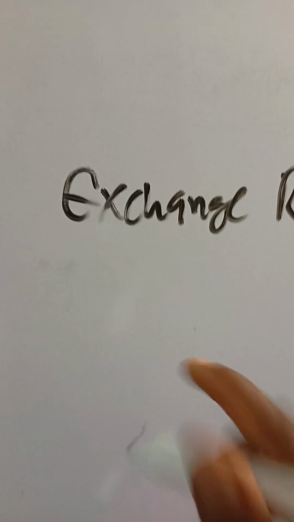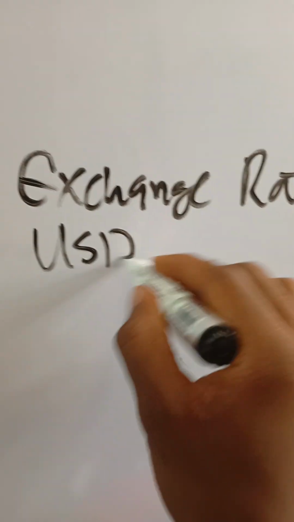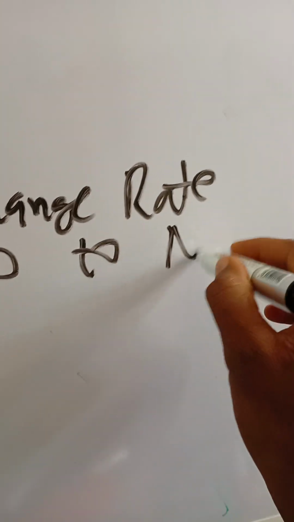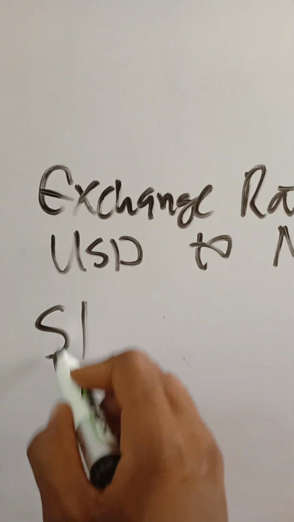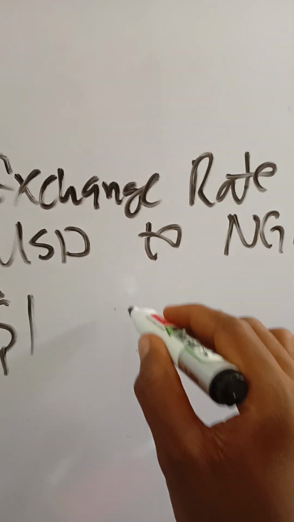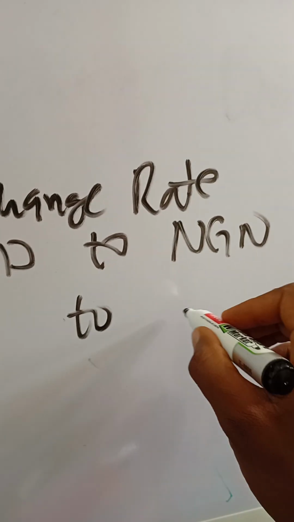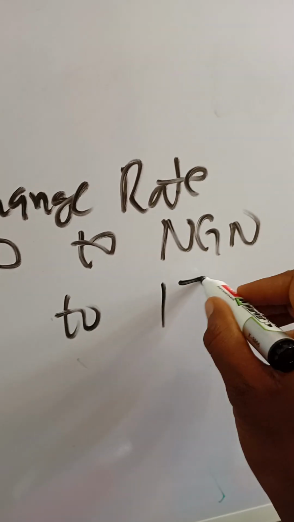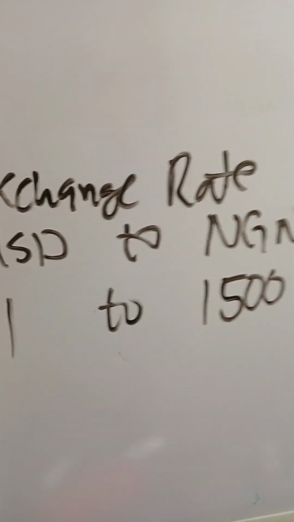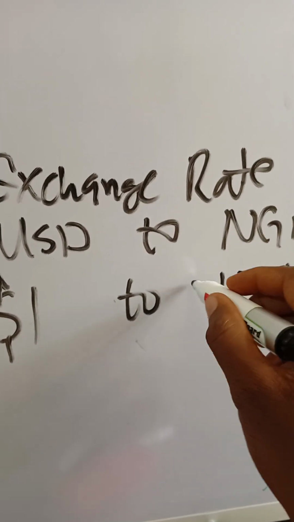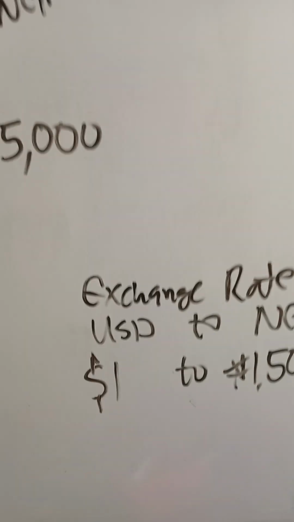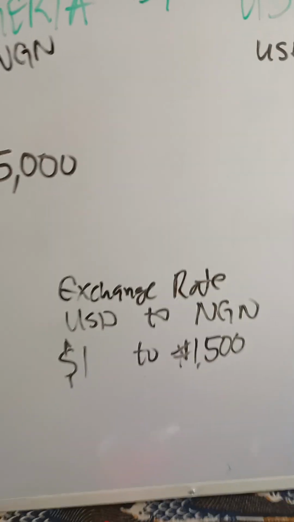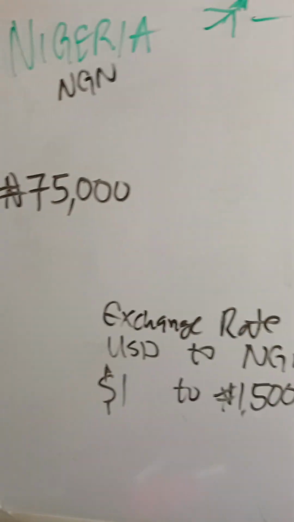That's the current exchange rate as at when this video is done. $1 to naira is 1,500. Guys, this is naira, not dollar. So the current exchange rate of $1 to naira is 1,500.